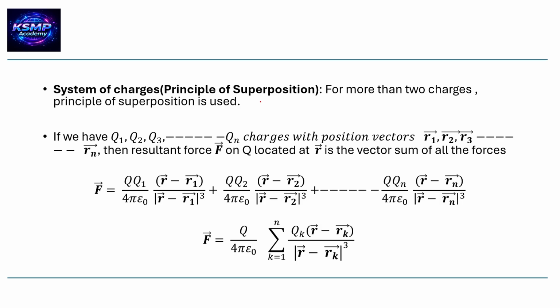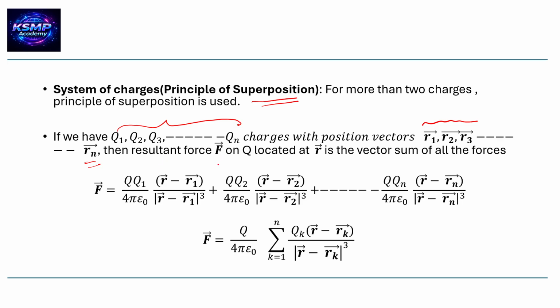In that case, principle of superposition will be used to find the net force. So how it is used? Let us see. So we assume that we are having a system of charges having charges Q1, Q2, Q3 and Qn, and their positions are respectively R1, R2, R3 and Rn.